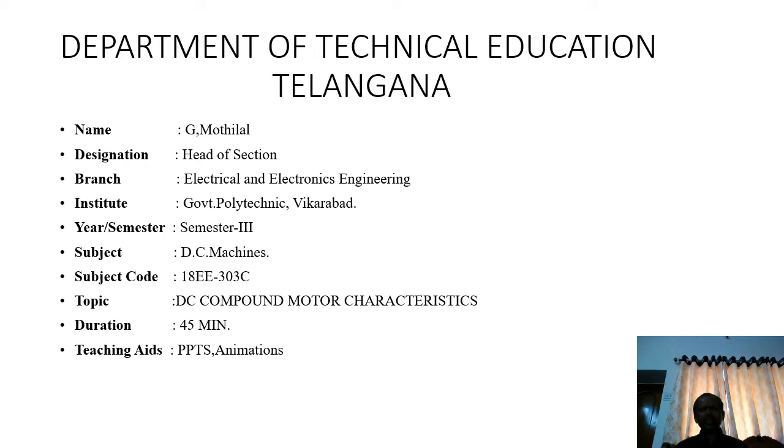The three characteristics must be drawn. One is torque versus armature current. Second is speed versus armature current. Third is speed versus torque. These three characteristics are important in the case of shunt motors, series motors and compound motors.